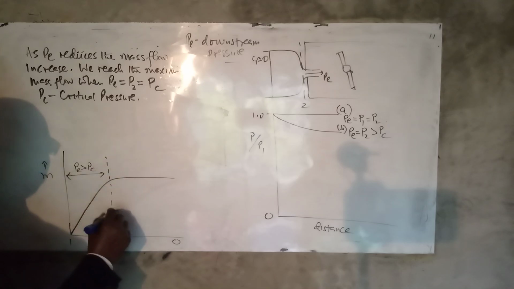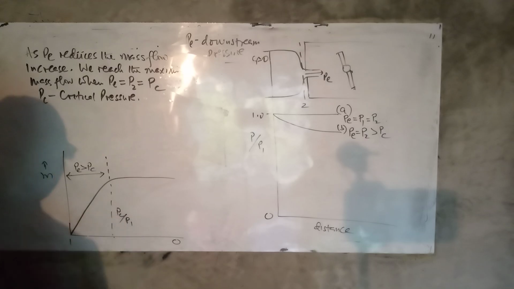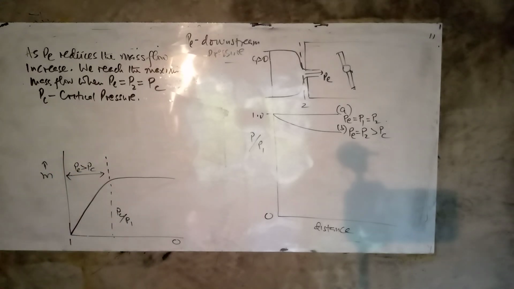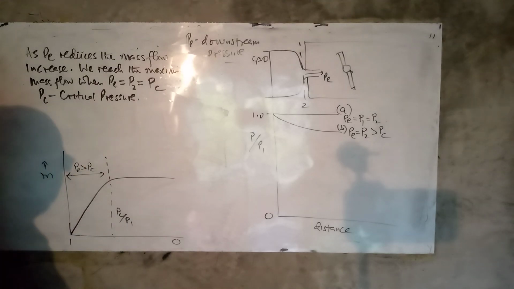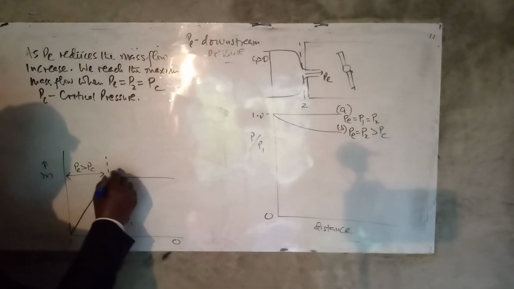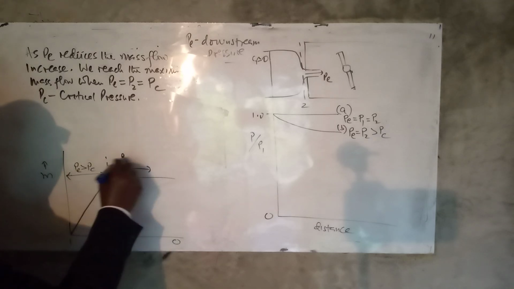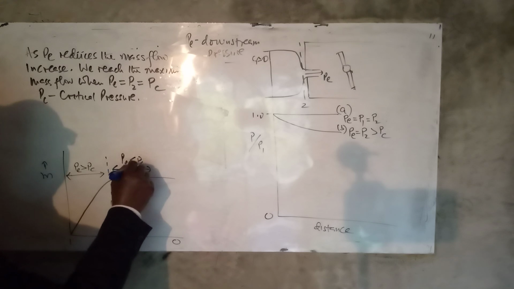Where we have PC over P1, that is the CPR, the critical pressure ratio. And of course, above this, we have PE less than PC.